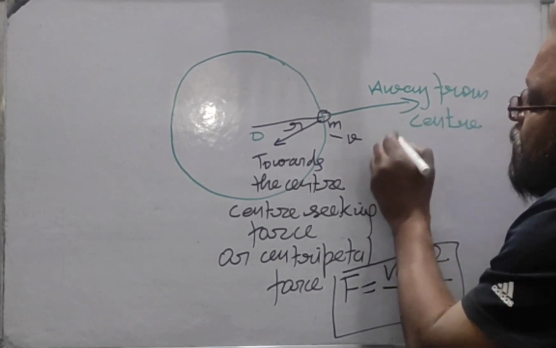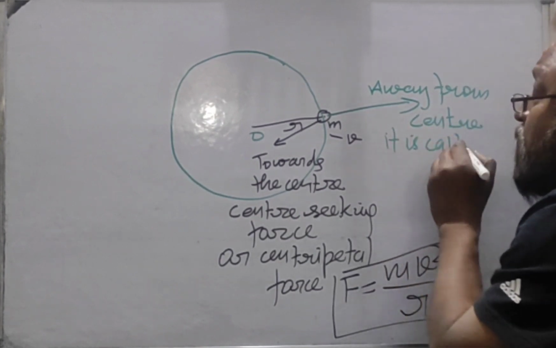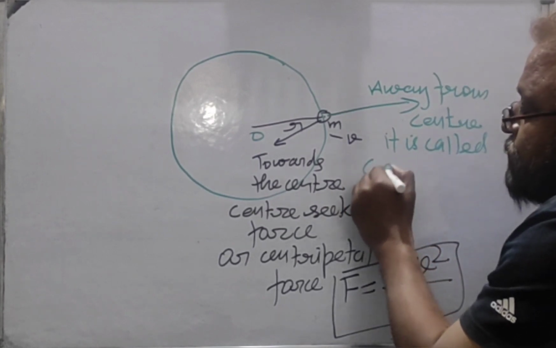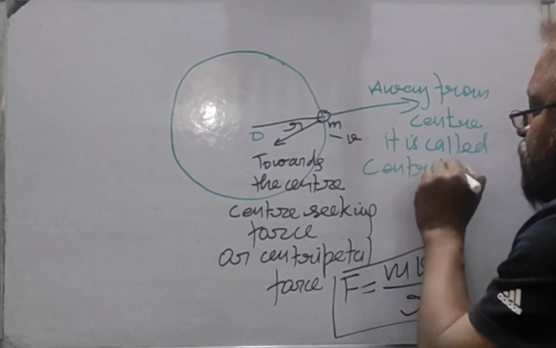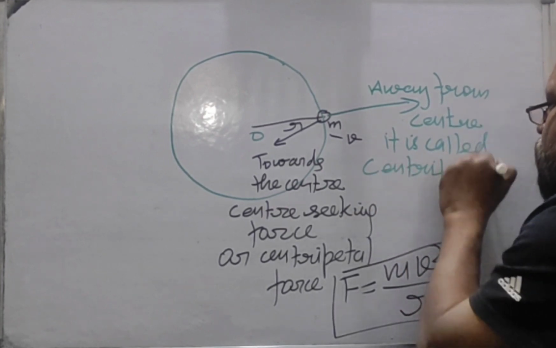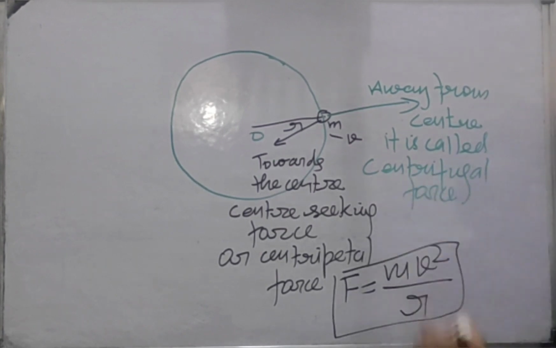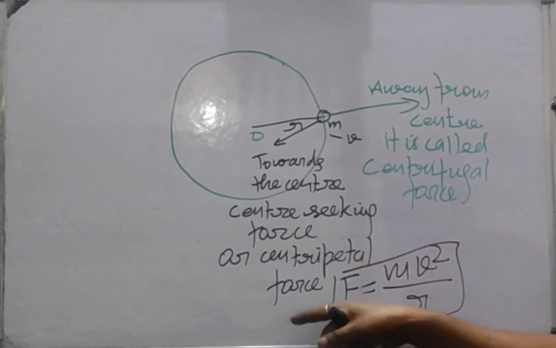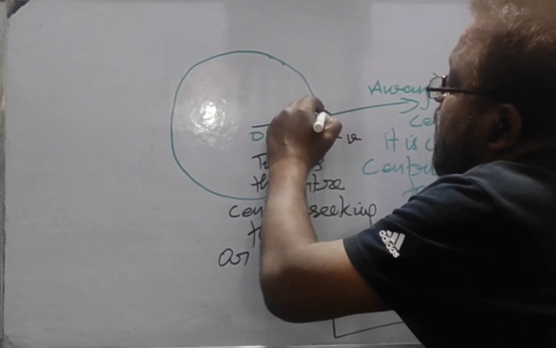It is called centrifugal force. Because of this centripetal force and centrifugal force, the object moves in a tangential direction.